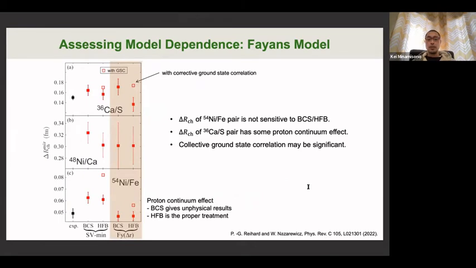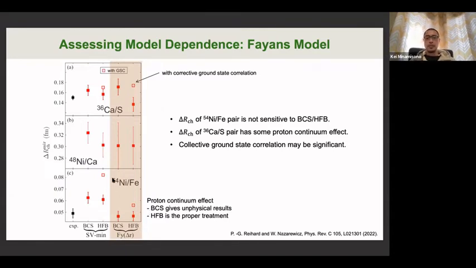Now I want to talk about the proton continuum effect. They did a bunch of calculations again, and I just want to focus on this pink region. They performed BCS and HFB calculations. Like I said, the BCS calculation is known to give unphysical results for the charge radius when it gets close to the proton drip line, and HFB is the right formalism to use.